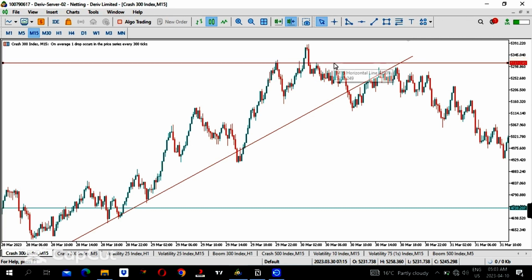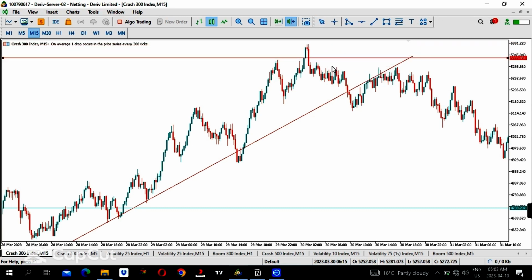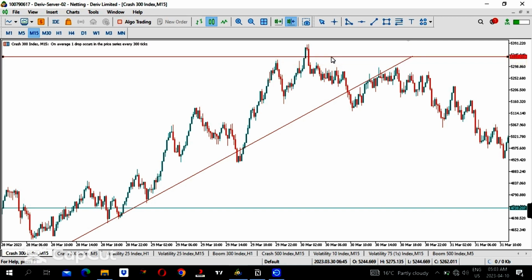Minimum stop loss was over here, the maximum obviously over there, but slightly above what is, like, a head and shoulders. So above what is the left shoulder over here.